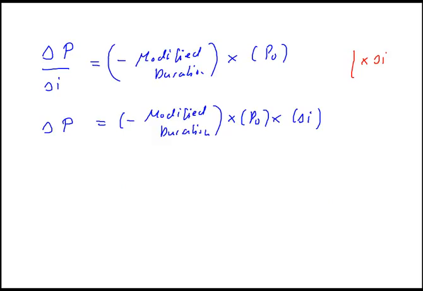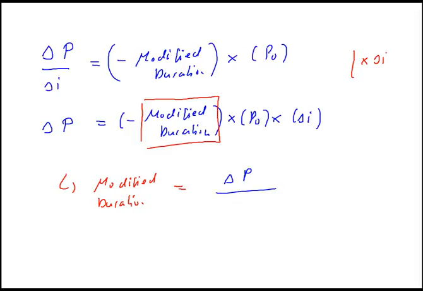Now we can take this equation and rearrange it in accordance with the modified duration. The modified duration equals, we can divide both sides of the equation by the price of the bond before the change in interest rates times the change in interest rates, and then multiply both sides by minus 1.